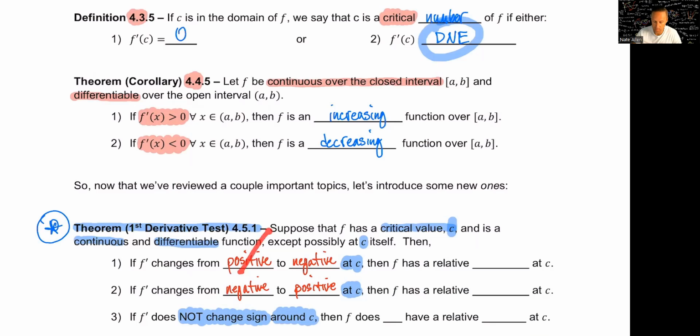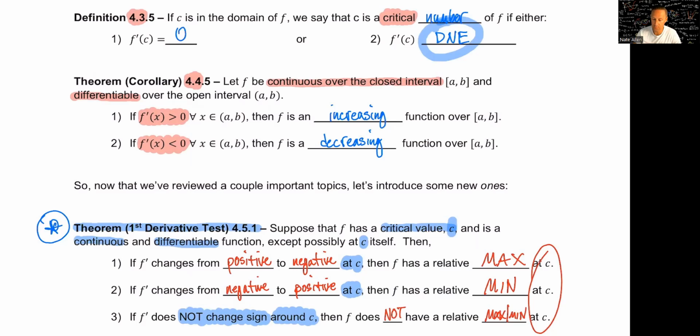And if it goes from a positive to a negative, then we should know that that would be what is called a relative or local maximum. And if it was changing from a negative to a positive, then we know it is a relative or local minimum. But if it doesn't change, then it does not have a relative max or min at that value c.